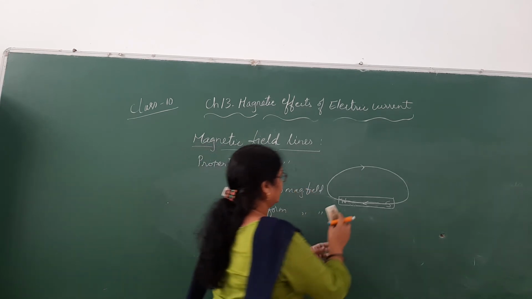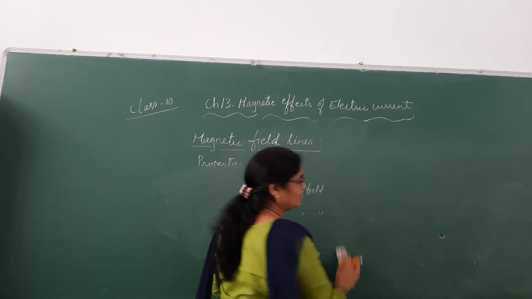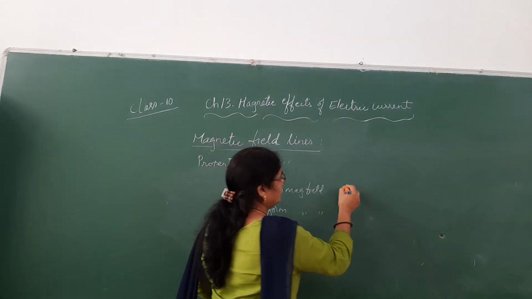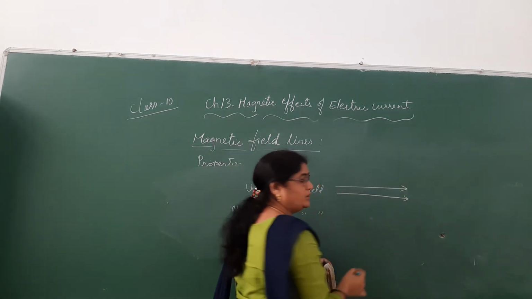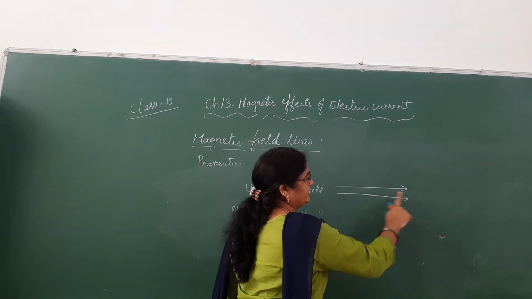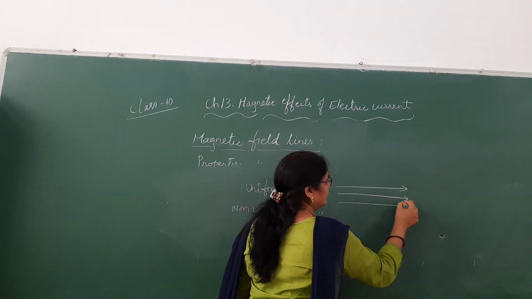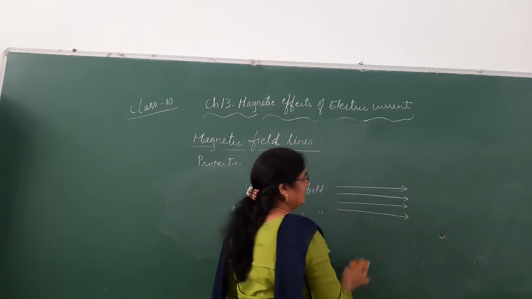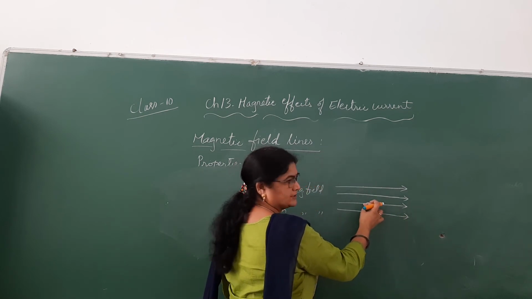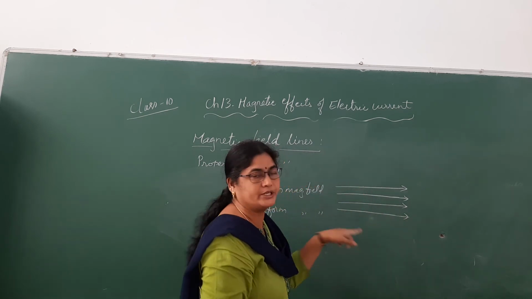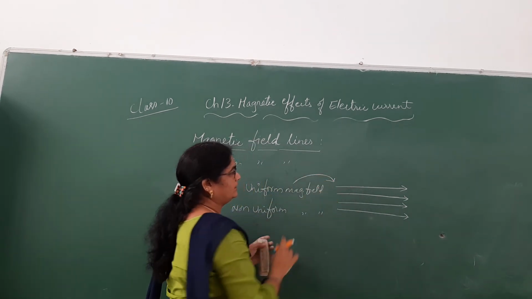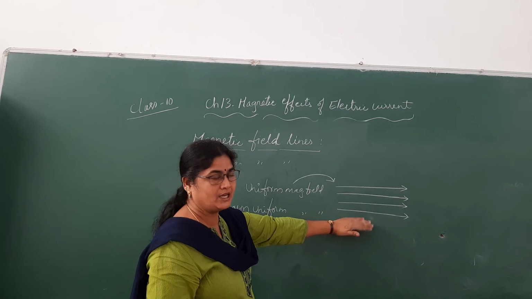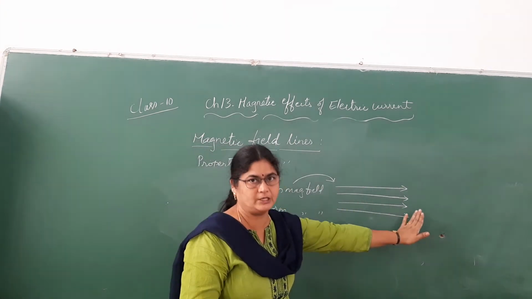The uniform magnetic field is represented with magnetic field lines where all the field lines are unidirectional. Unidirectional means they are directed in one particular direction like this, equally spaced and parallel to each other. All the field lines in the uniform magnetic field are parallel lines and unidirectional.